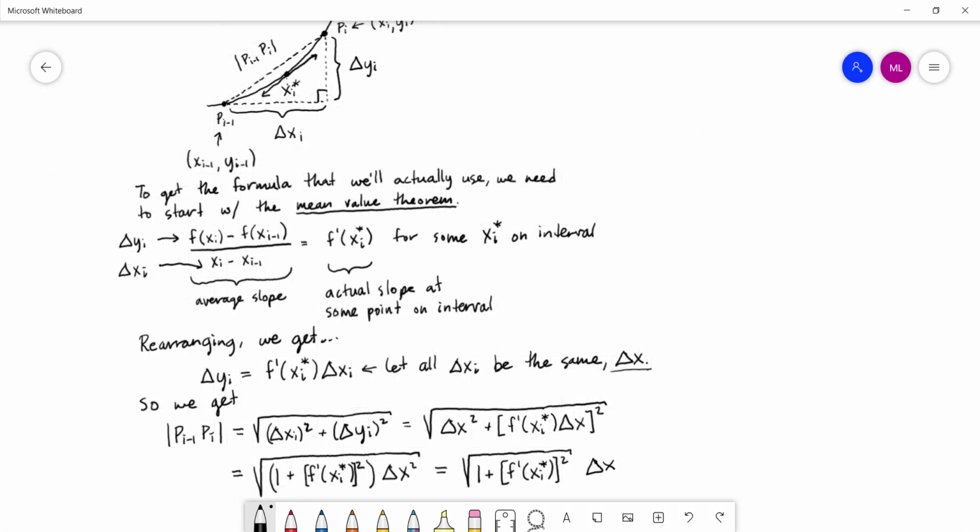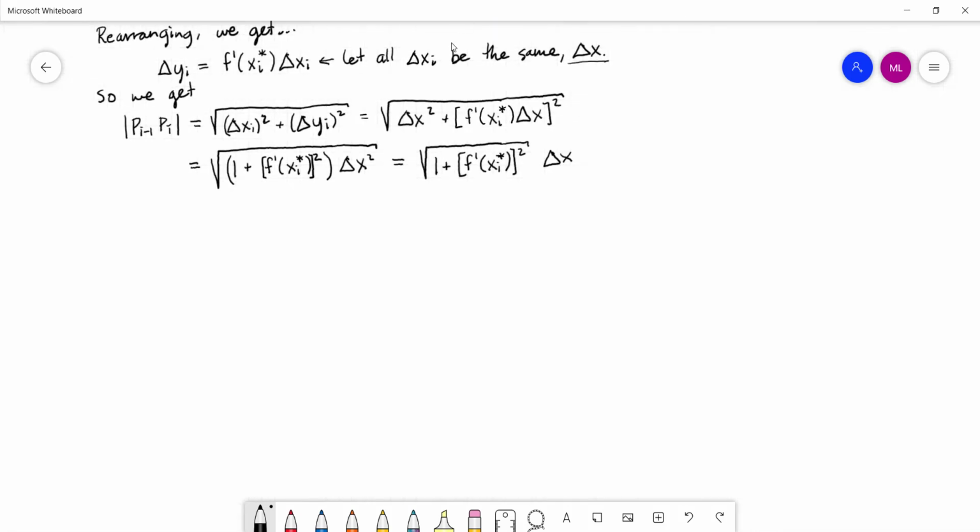We've written this distance in terms of only x's, no y's anymore, and the slope at this point that happens to be somewhere on the interval. I don't know where, but it's somewhere on the interval between i minus 1 and i. That is what we have right here.